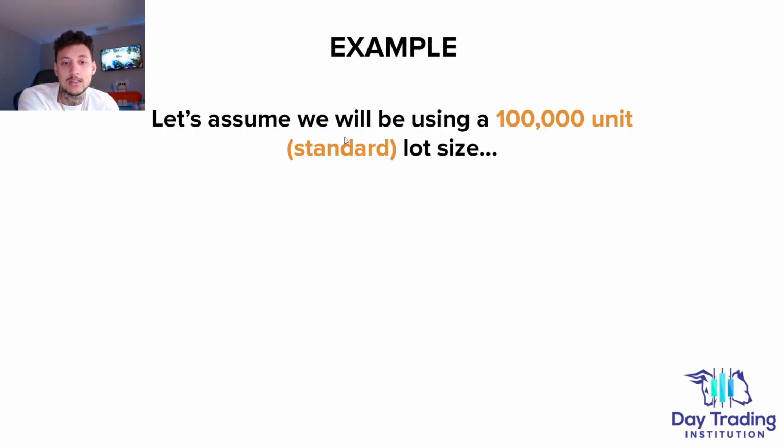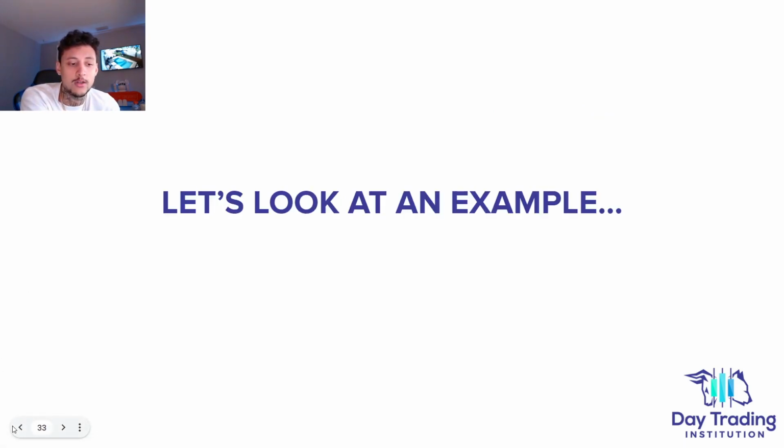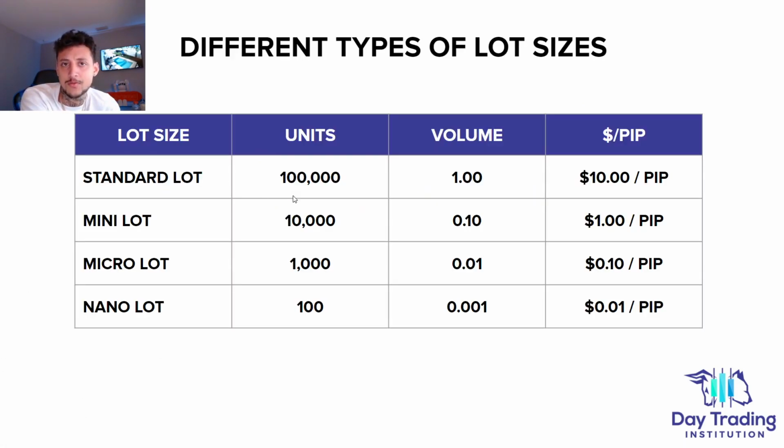Now, let's look at an example. Let's assume we're using a 100,000 unit standard lot size, meaning we're using one lot. One thing before I continue: there are 10 lots, 50 lots, 60 lots, 70 lots. Remember, one lot is $10 per pip. So if I'm doing 10 lots, or 1,000,000 units, then I'm making $100 per pip.